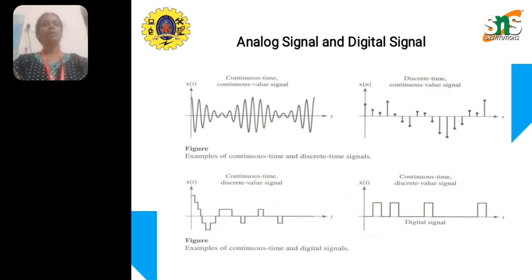It is obtained by a method called sampling. Once the analog signal or continuous time signal is sampled at regular time intervals, we get a discrete time signal. So these are the samples of the continuous time signal. This picture represents the continuous time signal, discrete time signal and digital signals.